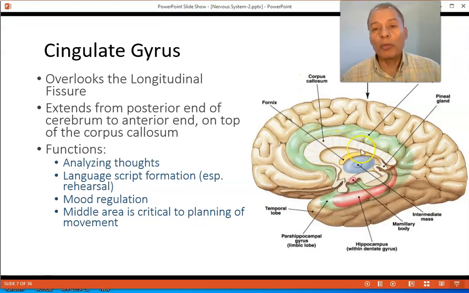That's a different view of the corpus callosum. So it is superior to the corpus callosum and extends from the parietal lobe all the way to the anterior-most part of the prefrontal cortex, all around the corpus callosum.